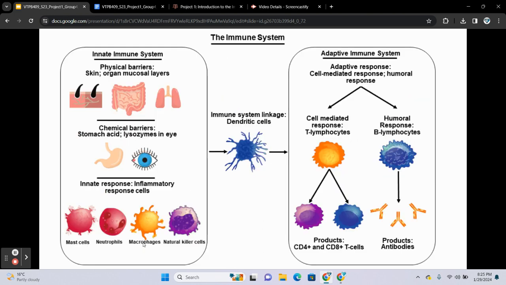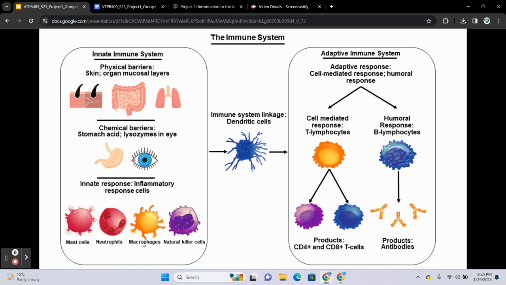So the innate immune system includes physical barriers, chemical barriers, and mast cells, neutrophils, macrophages, natural killer cells. Then for the adaptive immune system to be activated, it is done through dendritic cells, which includes the cell-mediated response, T lymphocytes, and humoral response, B lymphocytes.